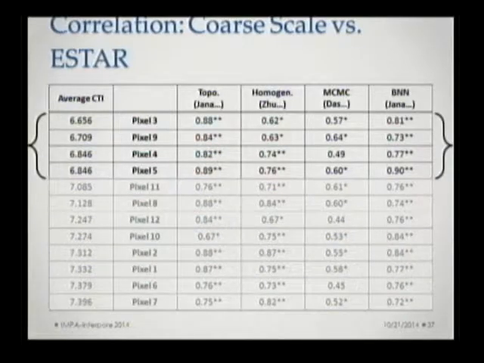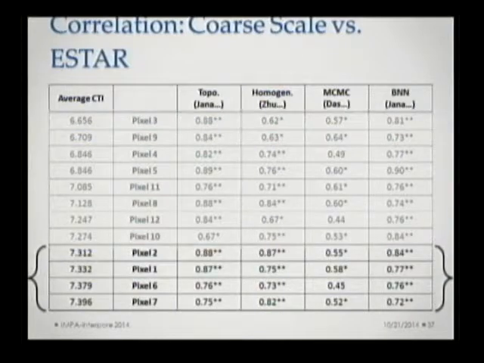It turns out that at the more complex topographic pixels, the topography-based and the neural network-based methods work better than the other two. But if you go to the simpler topographies, they were all more or less the same, or in some cases, the others work better. And when you go back and see, these two methods do not incorporate topography in any way. The Bayesian neural networks had elevation as one of its inputs.